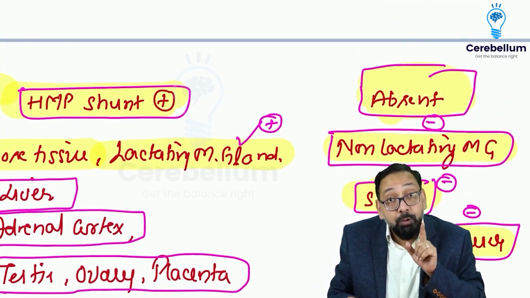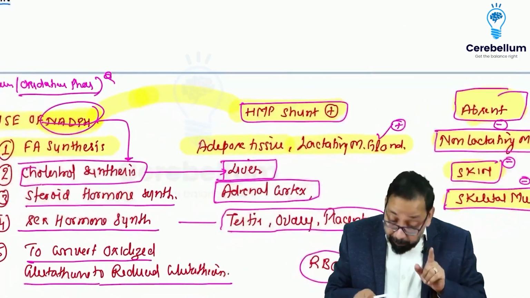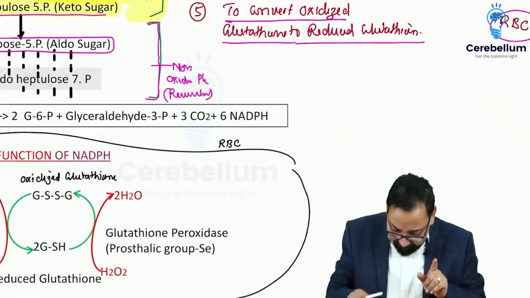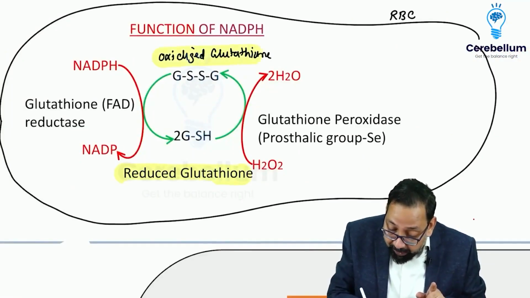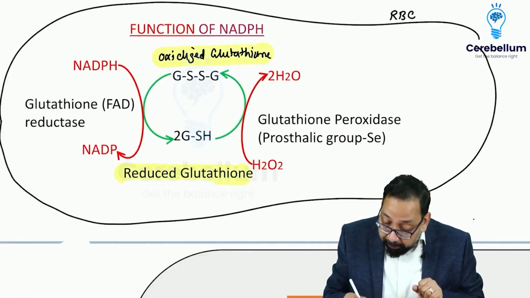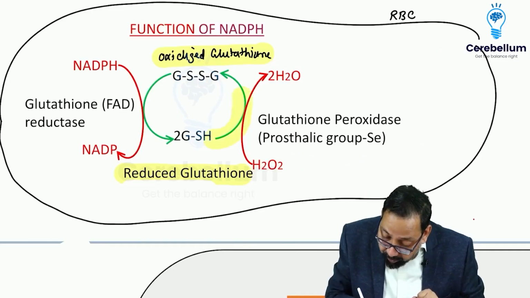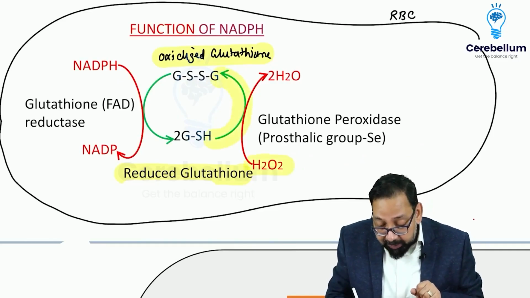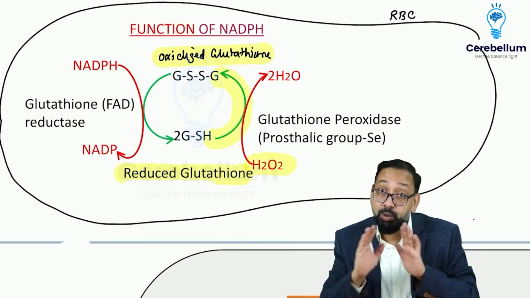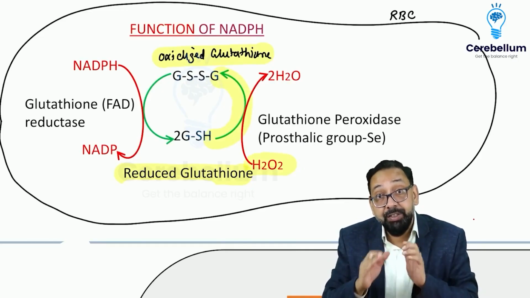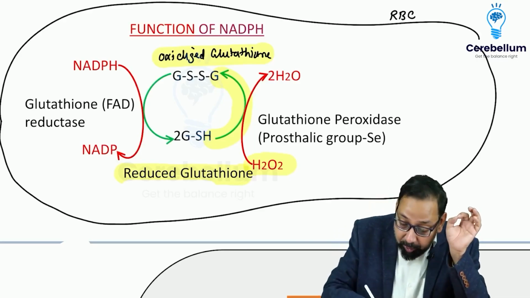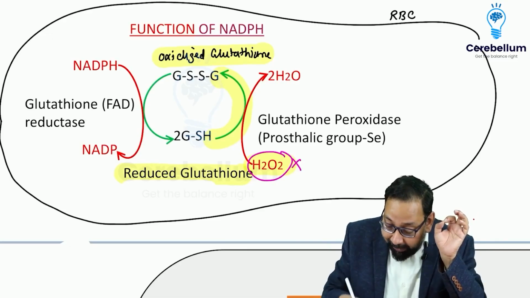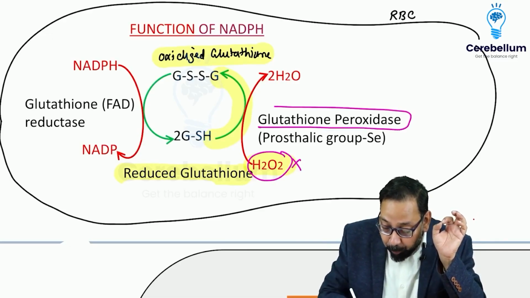What is the function of this NADPH in RBC? We can see that in RBC, reduced glutathione is converted to oxidized glutathione. And when reduced glutathione is converted to oxidized glutathione, H2O2 is destroyed. Peroxide, yes, oxidizing agent is destroyed. So we found that reduced glutathione can destroy H2O2, and enzyme name is glutathione peroxidase.